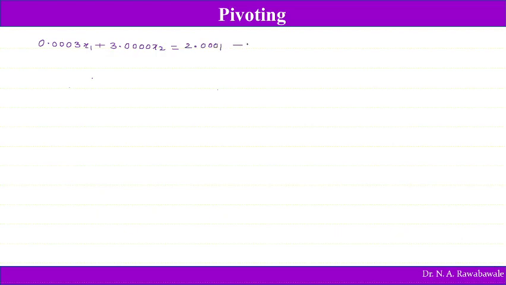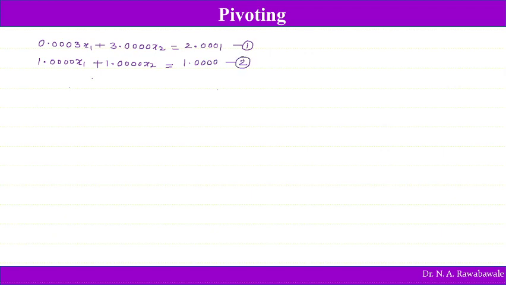So this is equation number 1. Then we take another equation, that is 1.0000 x1 plus 1.0000 x2, which is equal to 1.0000. So this we call equation number 2.